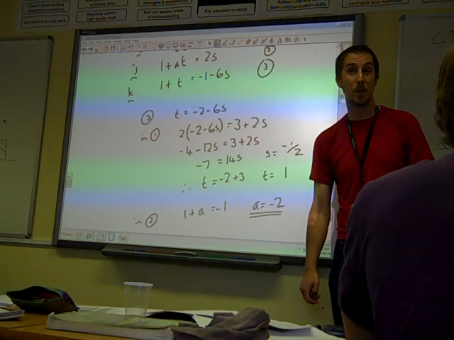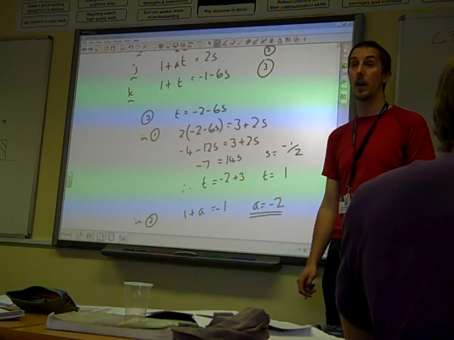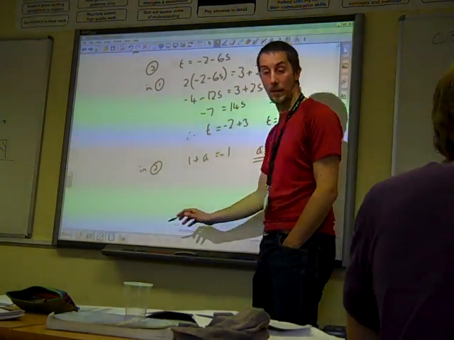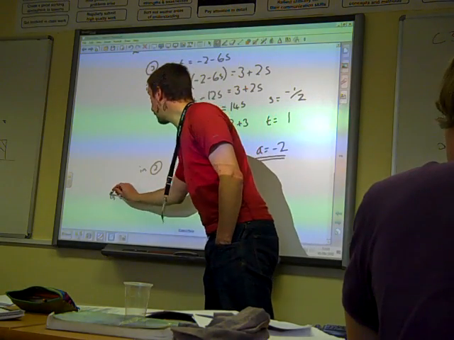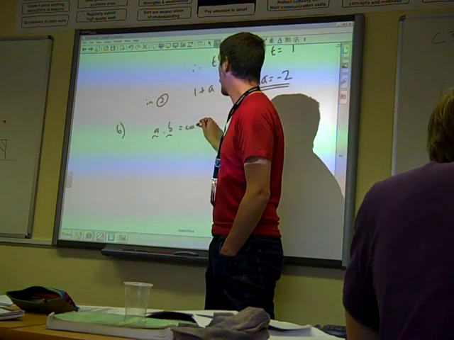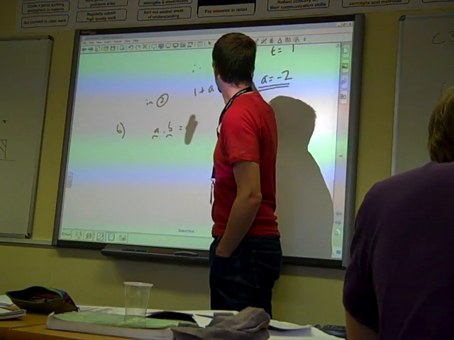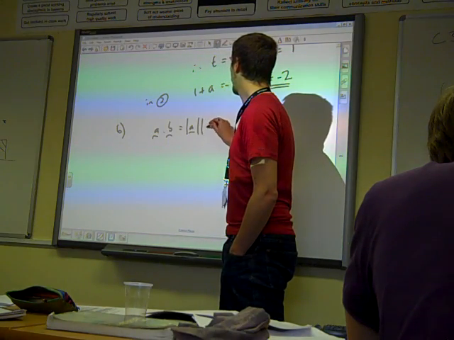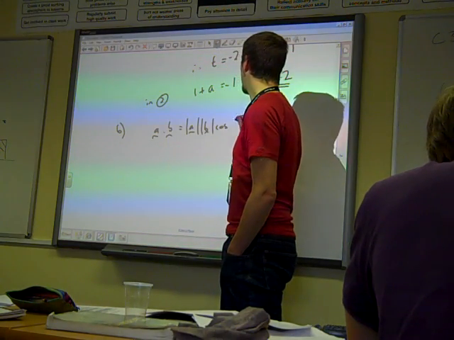And finally, if that's the case, I want to find the angle between the two lines. Remember the first thing we did in this question? I wrote down the dot product formula.